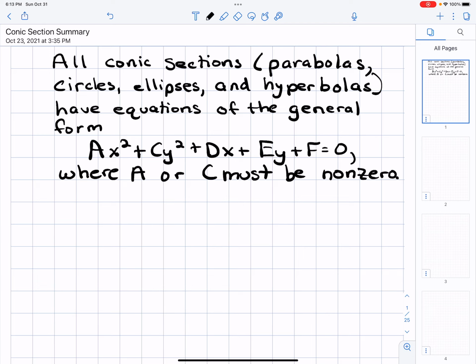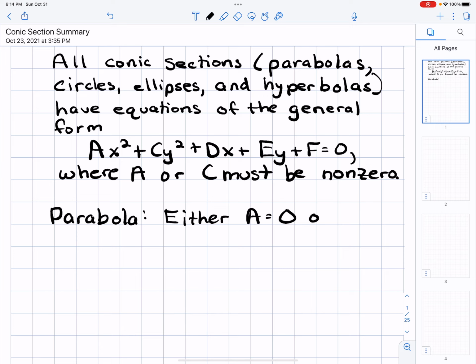So if you have your parabola, it'll have this format of the equation. Either a equals 0 or c equals 0, but not both. If you think about what that means, if both a and c were 0, then you'd have dx plus ey plus f equals 0, which would be a line.